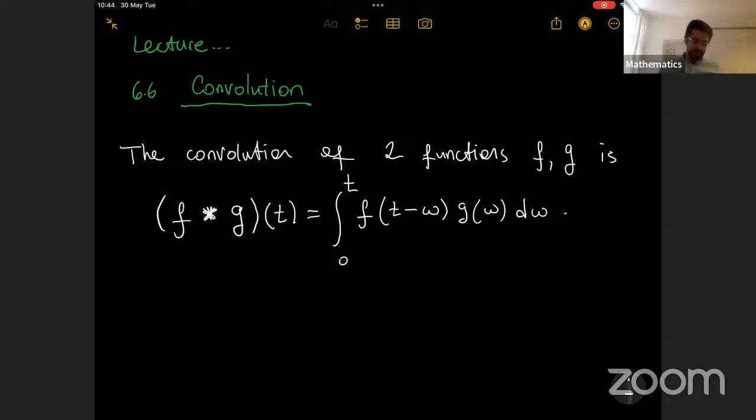So this formula defines the convolution of f with g.